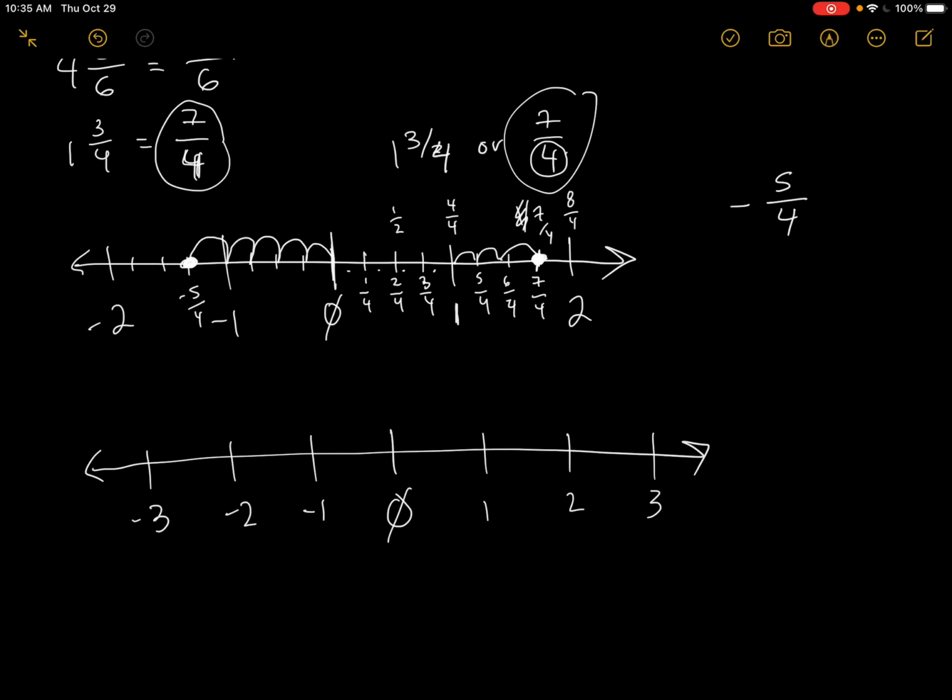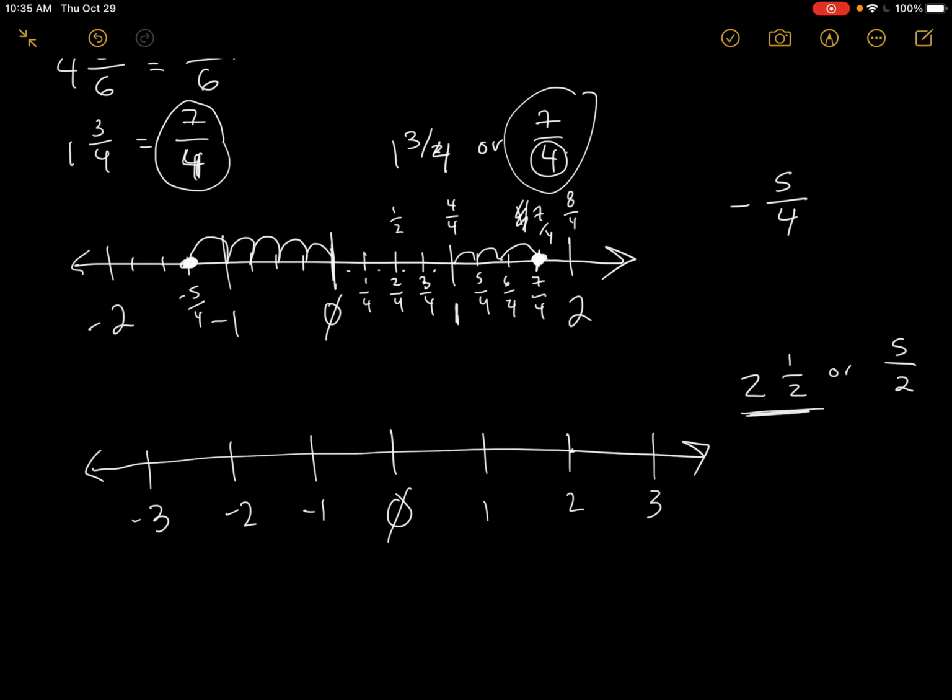So I want to graph the number 2 1/2, or we could write that as 2 times 2 is 4 plus 1, 5 halves. So if we think 2 1/2, we know it's going to be greater than 2. It's a little bit bigger than 2, but it's not 3 yet.